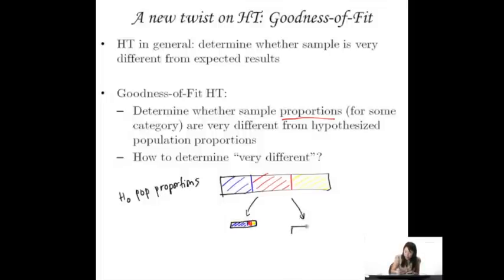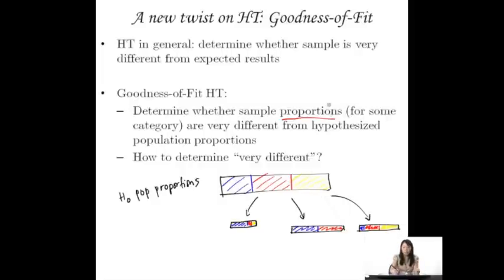Another sample we might get is half blue and half red and no yellow, right? Is that really different from our hypothesized proportions? Another sample we might get might be only like 1/10 blue, and then 40% red, and then the other half will be yellow, right? So in something like that, we want to say, is this really different from these hypothesized population proportions?